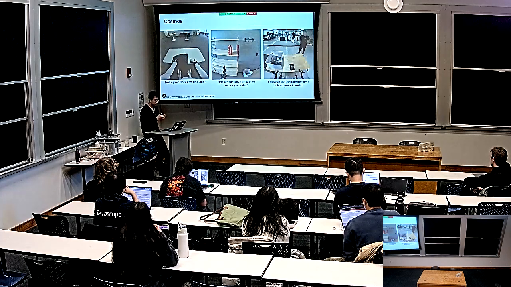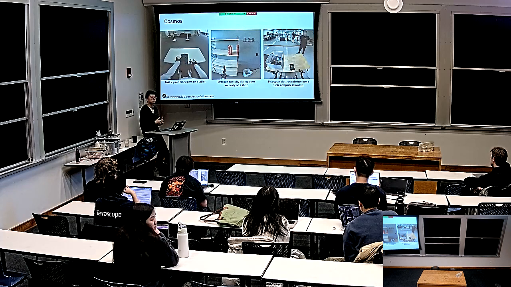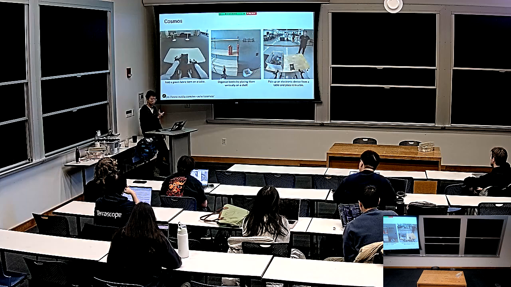Based on that, we can apply this approach to robotic manipulation. Here I show some examples from Cosmos, which is a recent foundation model from NVIDIA. They take the idea and apply it to robotics. They train the video generation on a lot of robot videos.